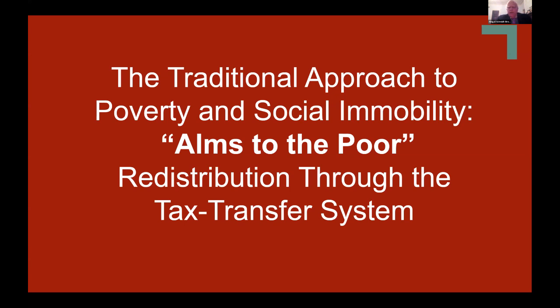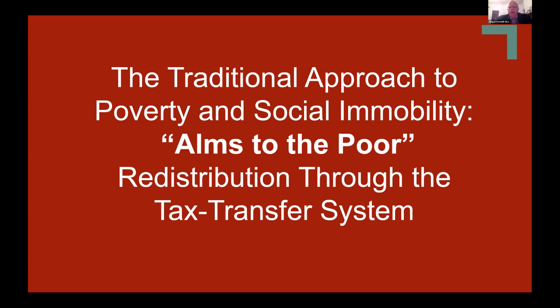Now that is redistribution through the tax and transfer system. And that is the traditional approach. And this is basically an approach that many countries in many periods have adopted. This is the solution. The poorhouses in Britain in the 19th century were a solution to this.